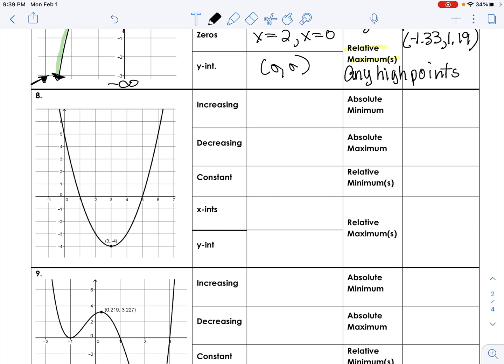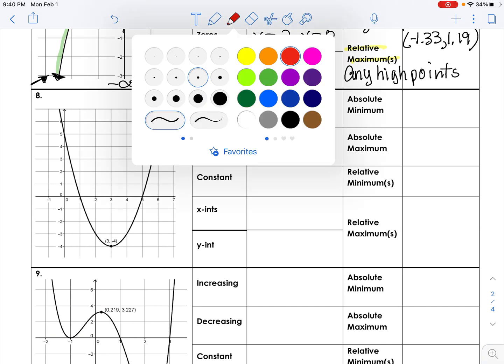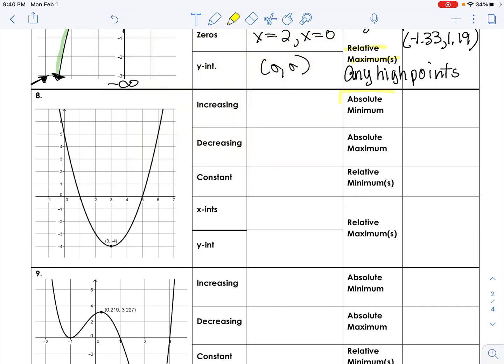Okay. Now for the next one, I am going to let you answer as much of this chart as you can. So I'm just going to pause Edpuzzle. You don't have to put anything in the box, but I am going to pause it. Actually, in the box, why don't you put the absolute minimum?